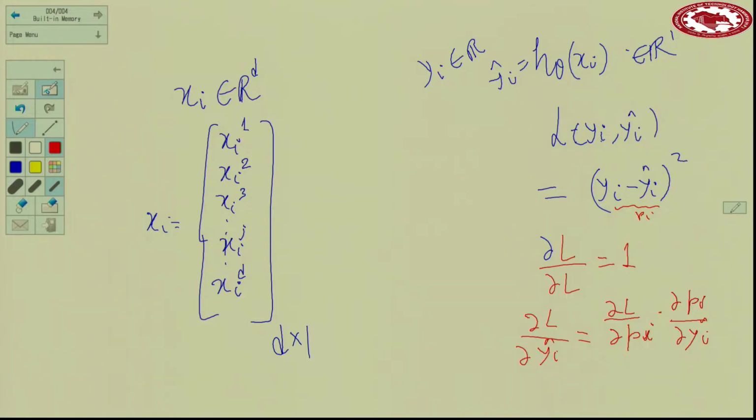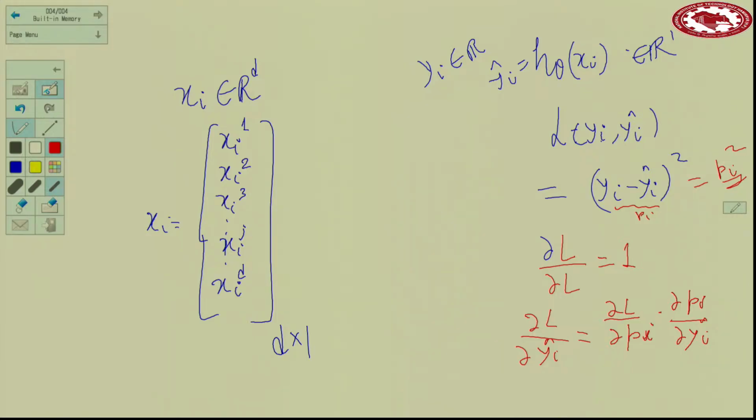Is it clear? So, this is the chain rule. If you know gradient computation, you can do it directly, but this is a chain rule you can see here. So, this loss is basically pi square, right? What is the gradient of this pi square with respect to pi? 2 pi.